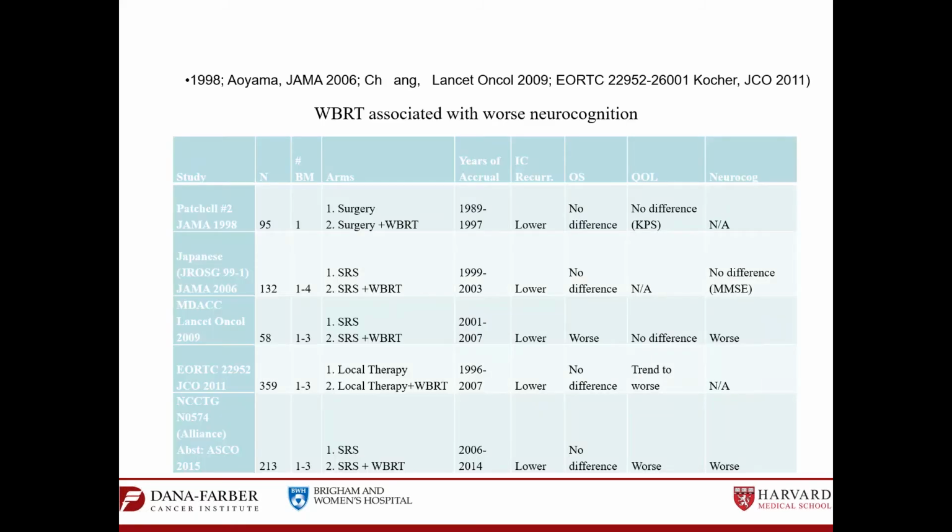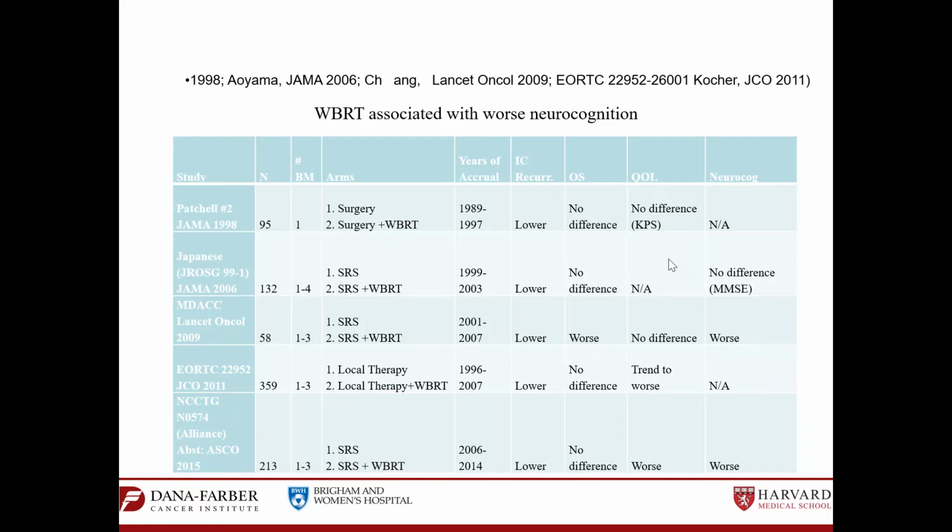Actually, all of the studies that address this question: we have the Patchell-2 study, the Japanese trial, the MD Anderson Chang trial, the EORTC trial, and the Alliance trial. All those trials had whole brain radiation added to the arm of surgery or focused radiation to address this question. As you can see, there is no overall survival difference in any of these trials from adding the whole brain radiation, but it actually showed a lower recurrence rate and better local control in the brain elsewhere, which we cannot achieve by focused radiation.